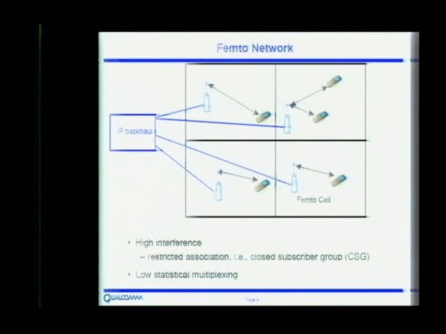So non-technically, what is the big impetus behind femto? Why isn't a Wi-Fi hotspot good enough? I don't know the answer. I mean, it's good enough for the users, but not for the operators. And if the operators have something that's faster and better, fine.